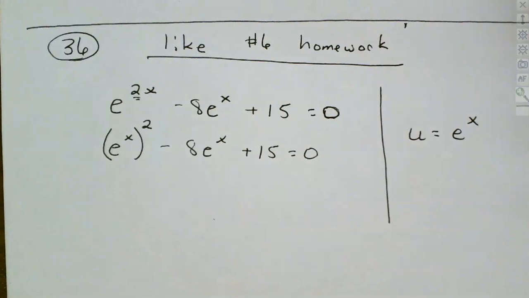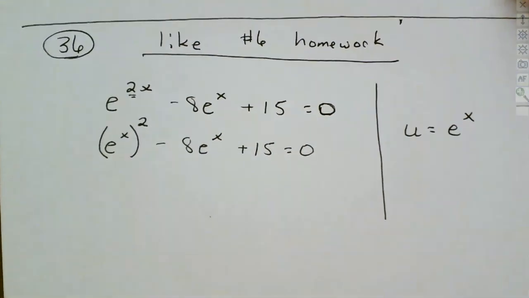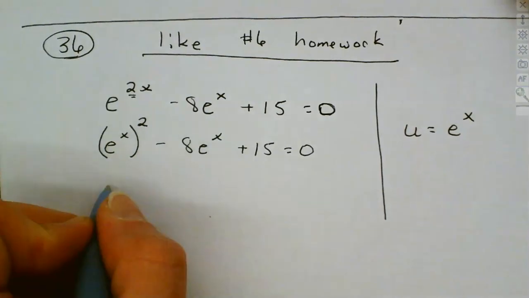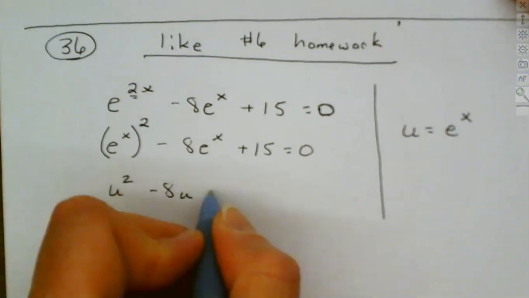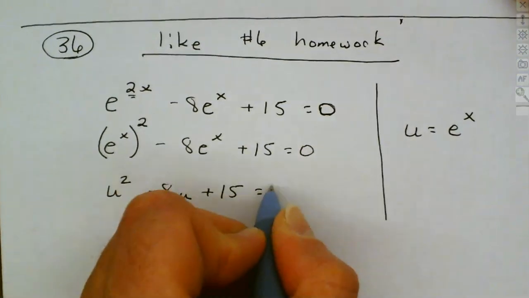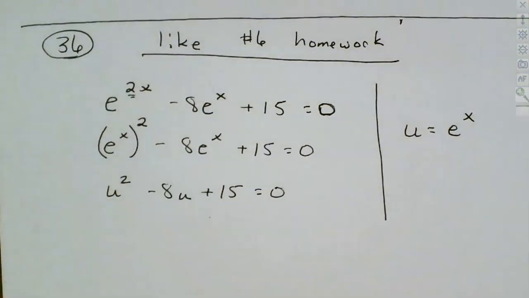This is a common substitution that we can use. And if I replace that e to the x with a u, then I get u squared minus 8u plus 15 equals 0. And that, we should now know what to do.